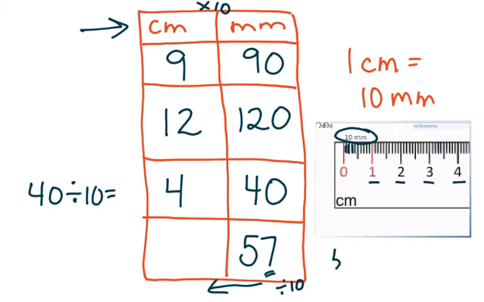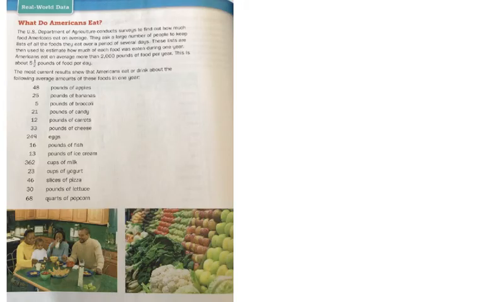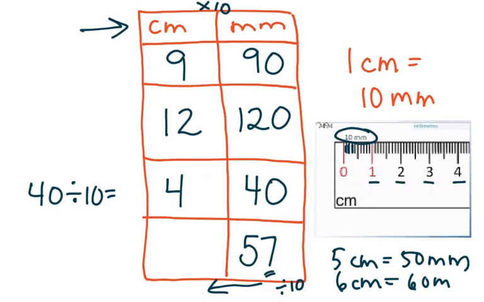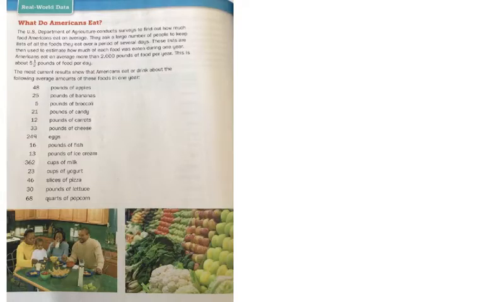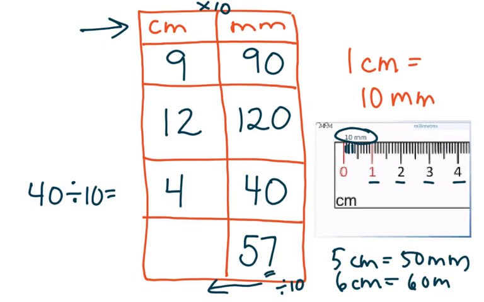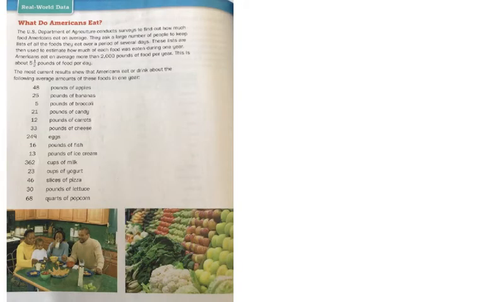So we know that 5 centimeters would be 50 millimeters, and 6 centimeters would be 60 millimeters. So therefore, we must have a decimal. So we have 5 full centimeters and 7/10 of another one.